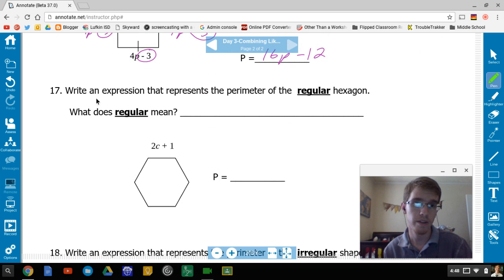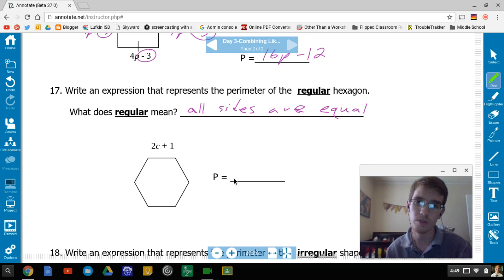Okay. Number 17, write an expression that represents the perimeter of the regular hexagon. What does regular mean? It actually means exactly what the tick marks mean. It means that all sides are equal. So we have 2c plus 1, 2c plus 1, 2c plus 1, all the way around. We have 6 of them.